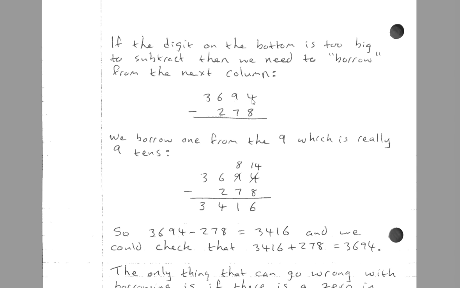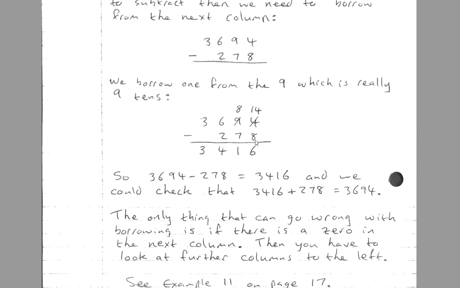Okay, so the 4 is too small, but we're going to borrow one of the 10s from this 9. So this represents 9 tens, and we're going to borrow one of those 10s. So that 9 turns into an 8, and that 10, we move it to the ones column.